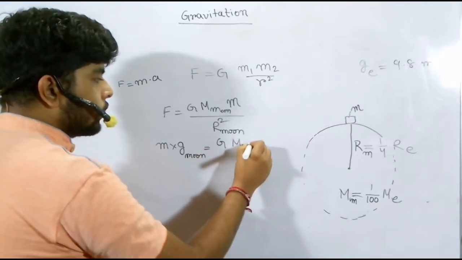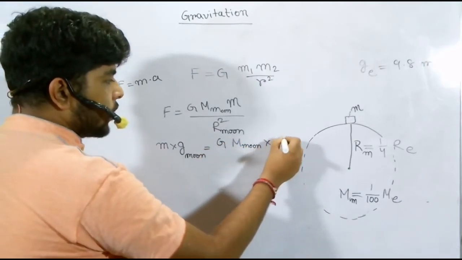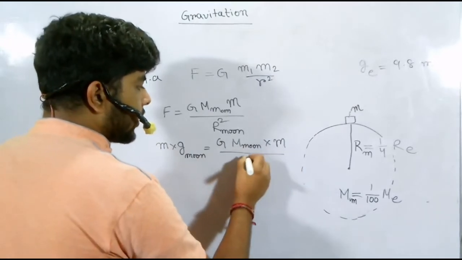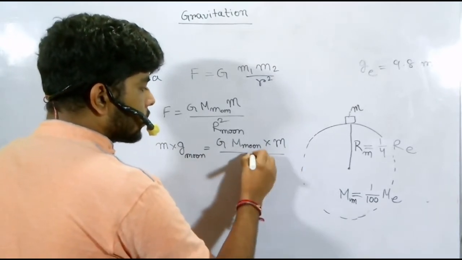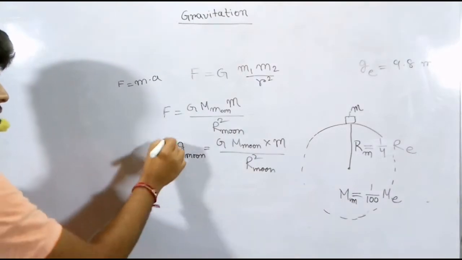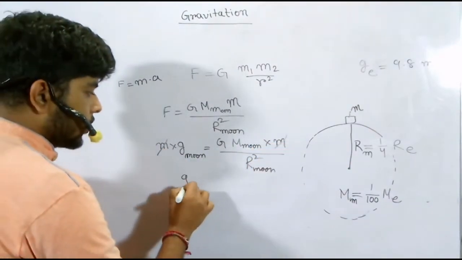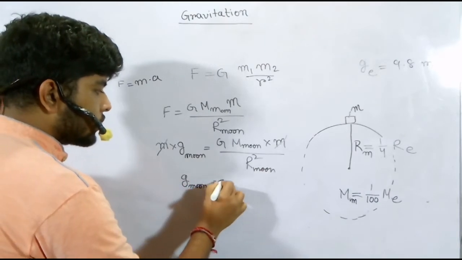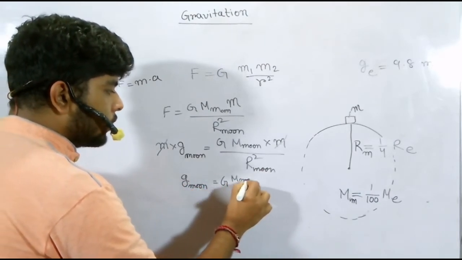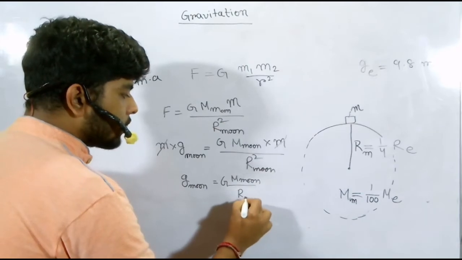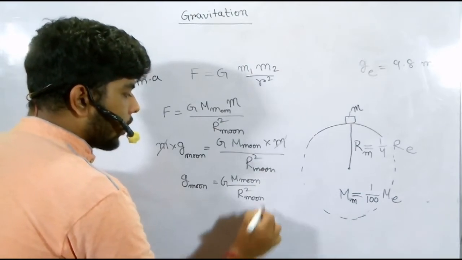So G times mass of the moon into mass of the object over the radius of the moon squared. So the mass of the object is eliminated. So we get g of moon is equal to capital G mass of the moon by radius of the moon squared.